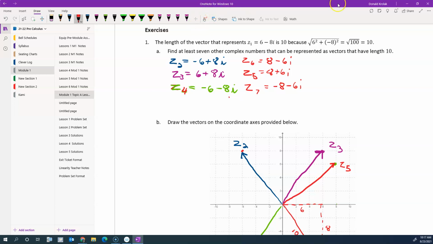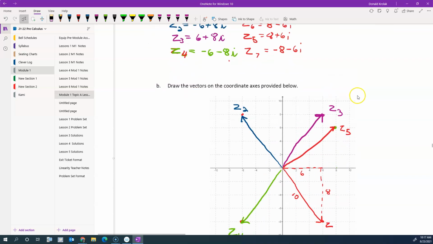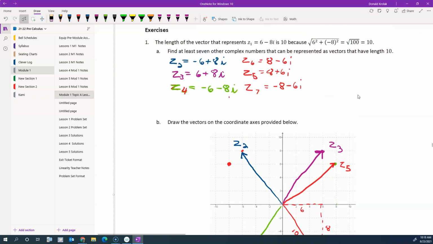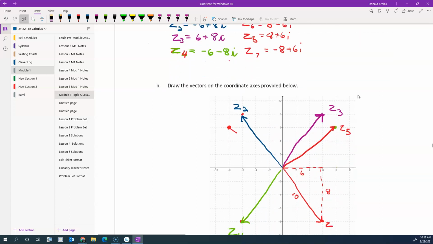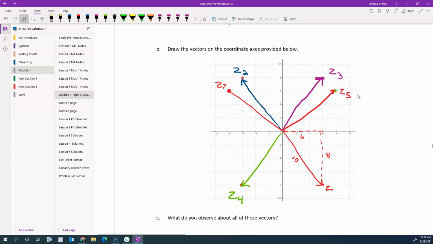Okay, let me draw those guys in. So we got negative 8 plus 6i, negative 8, positive 6i. It's right there. And then we got negative 8 minus 6i, right there.